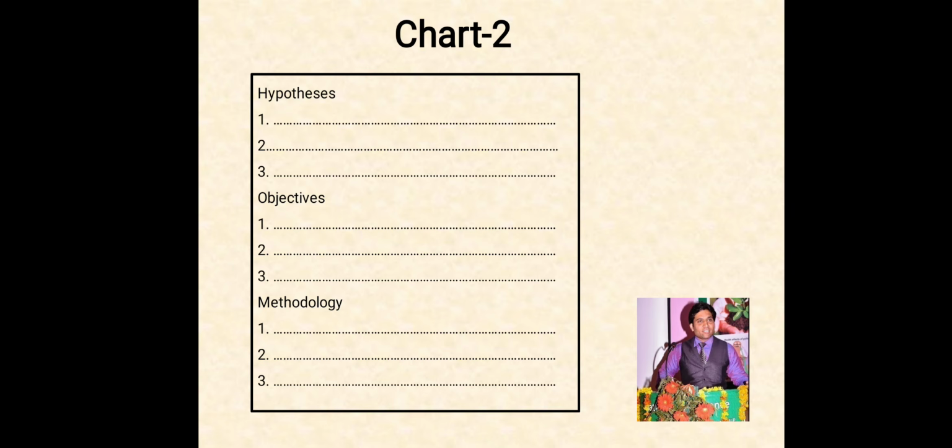It includes hypothesis, objectives and methodology. So on the top, write down the hypothesis. Hypothesis states your predictions about what your research will find, or you can say it is a tentative answer to your research question that has not yet been tested.